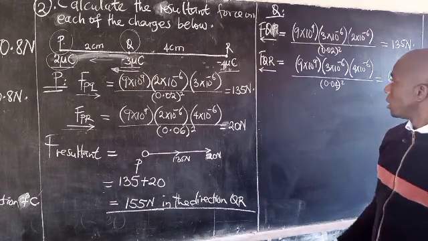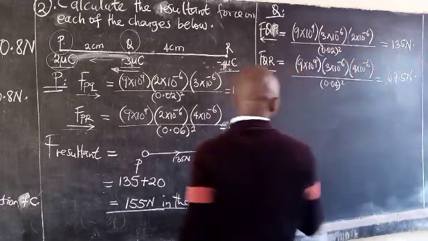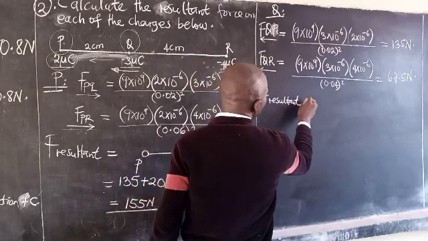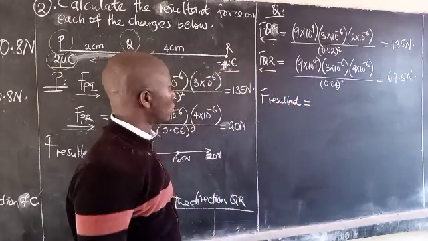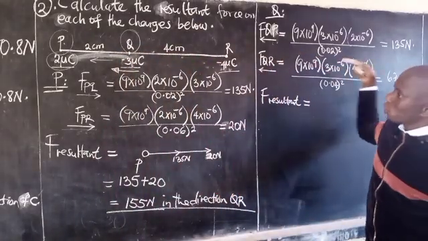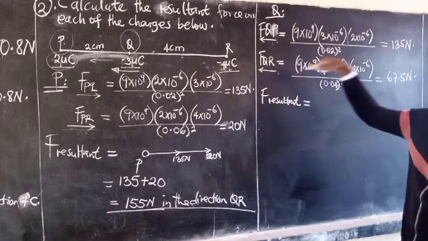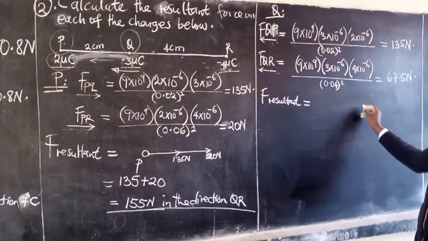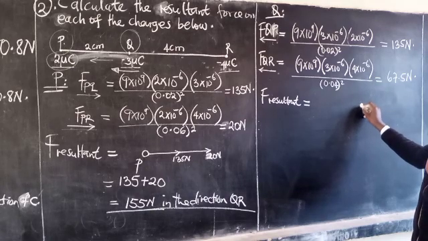How do we get the resultant? The resultant force is equivalent to, you can see, this one is going in the other direction, this one is going in that direction, meaning the resultant force will be in the same direction. Look, this is our charge.